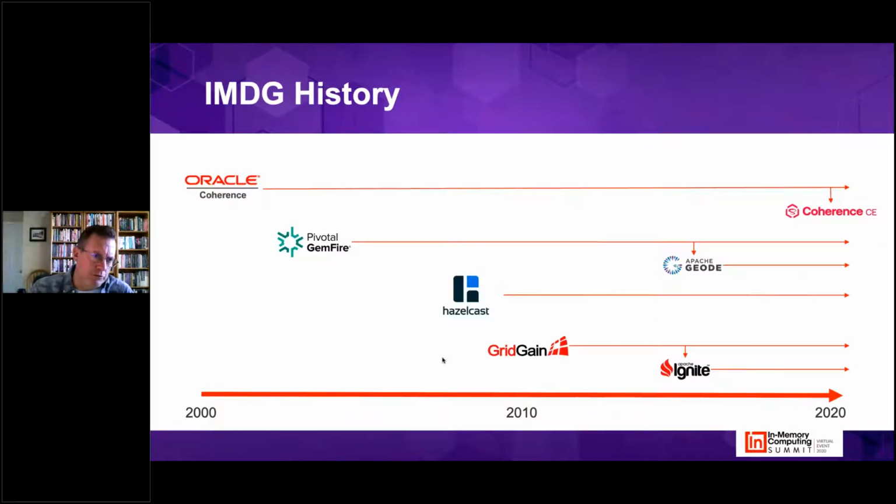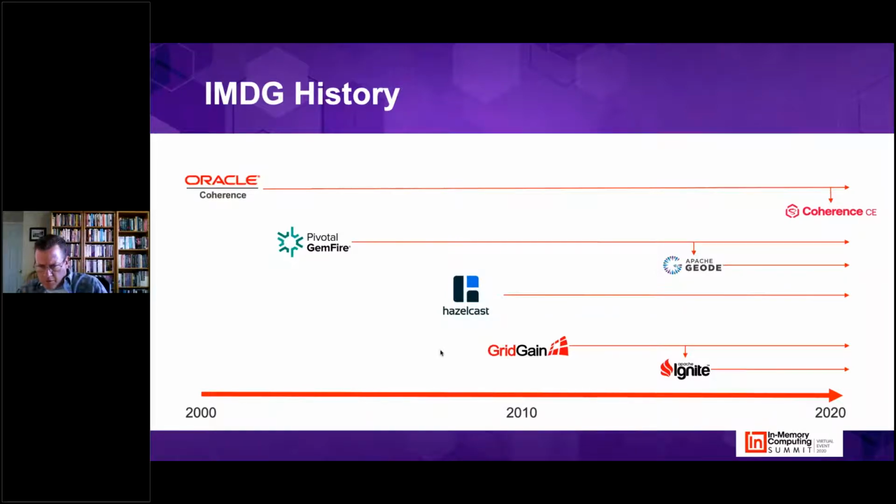Gemfire is about as old as Coherence. I think early 2000s timeframe, certainly by 2005. It's been through a series of mergers and acquisitions and divestitures, and it's back with VMware now. Hazelcast came out in 2008, GridGain in 2010 or so. And what's interesting is these commercial products spun off open source implementations in sort of an open core model.